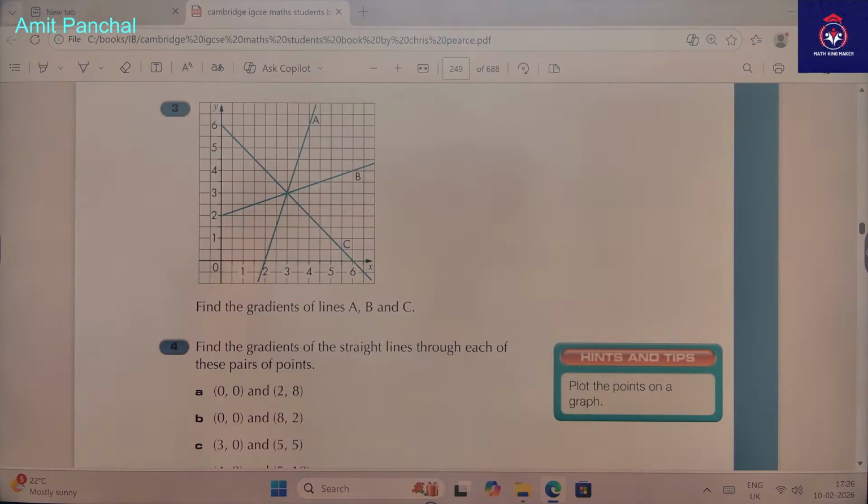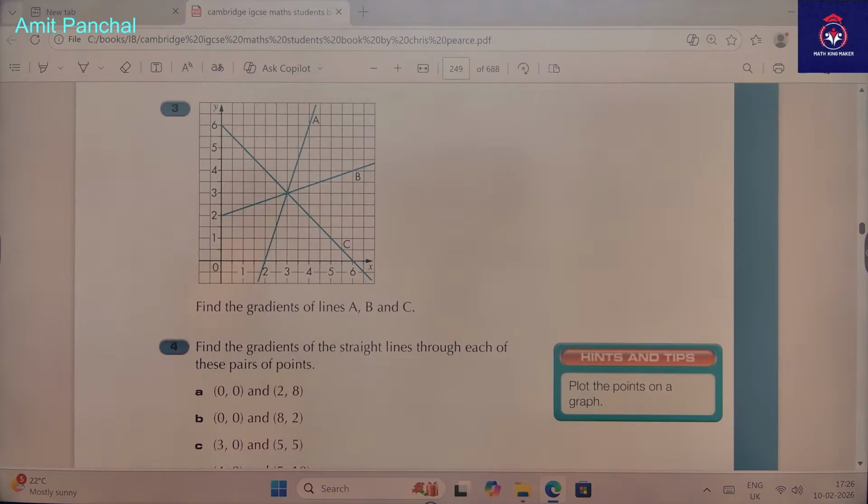Okay, it is a solution of straight line. Which exercise is it?